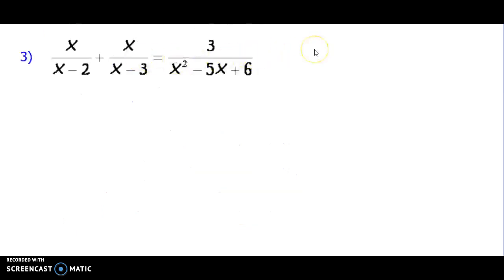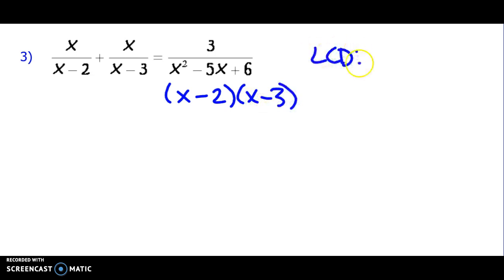Number 3, our common denominator, since this factors to x minus 2 times x minus 3, is going to be x minus 2, x minus 3.